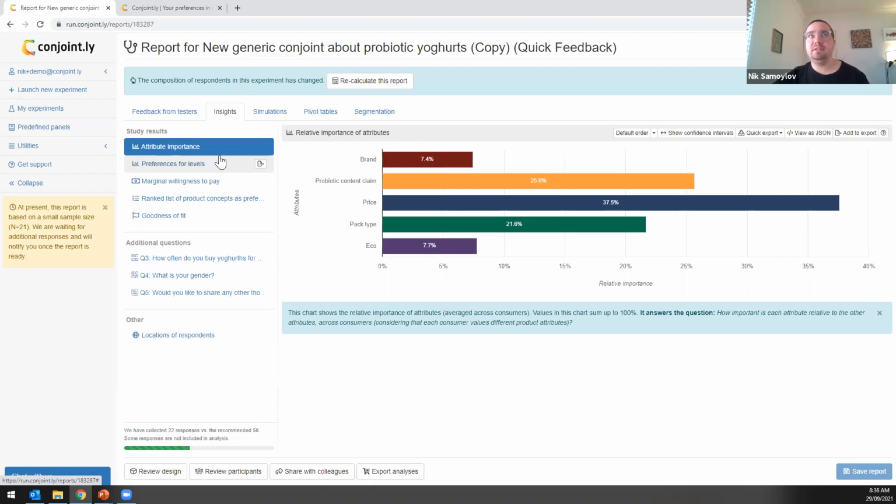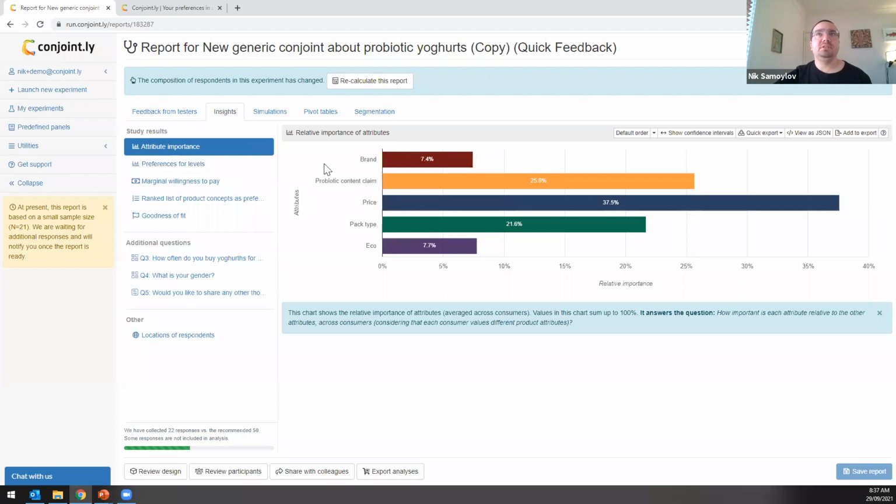Plus, I should caveat that we used the quick feedback function, which just sends the invitation to Amazon Turk participants. They were not pre-screened to be buyers of probiotic yogurts, and they're not in any particular country. They could be from a mix of countries. So what we're seeing here is really quick and dirty results. With actual sampling, you need to screen respondents and make sure that they qualify and so on.